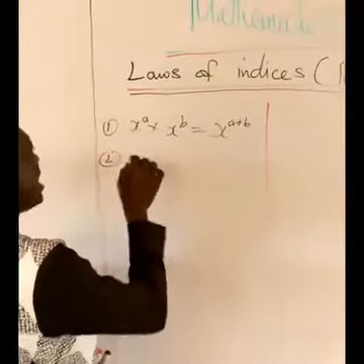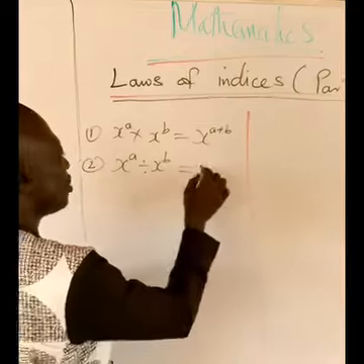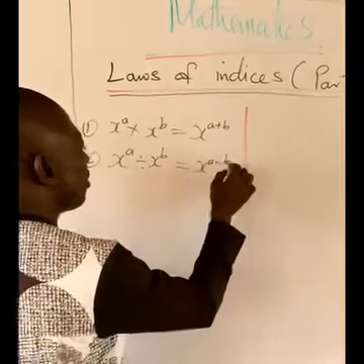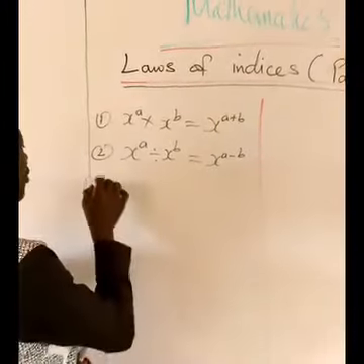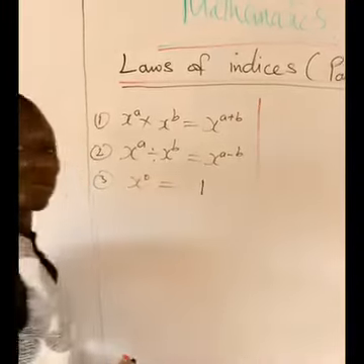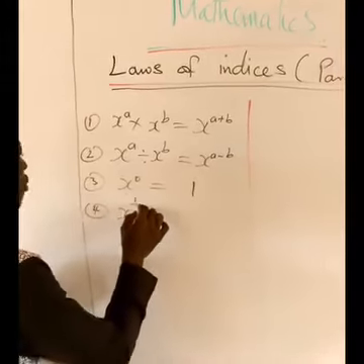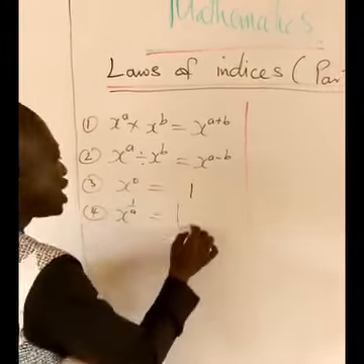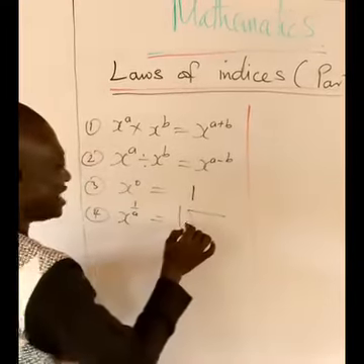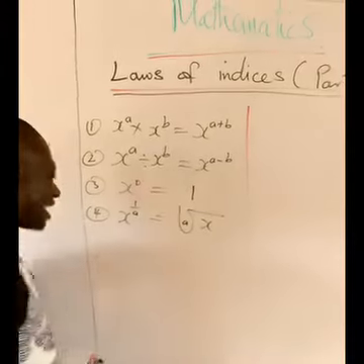Then 2 is x raised to the power a divided by x raised to the power b is equal to x to the power a minus b. Number 3, that x raised to the power 0 is equal to 1. And then number 4, that x raised to the power 1 over a is equal to a root. Whatever the a is, it will be a root of that x.